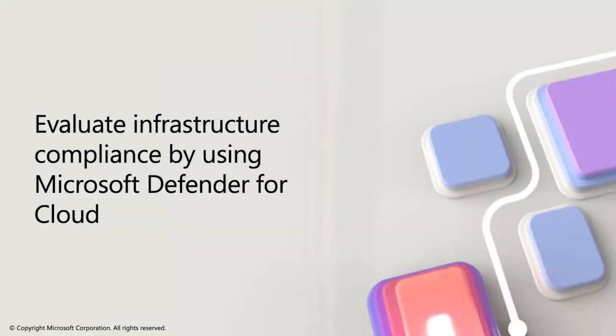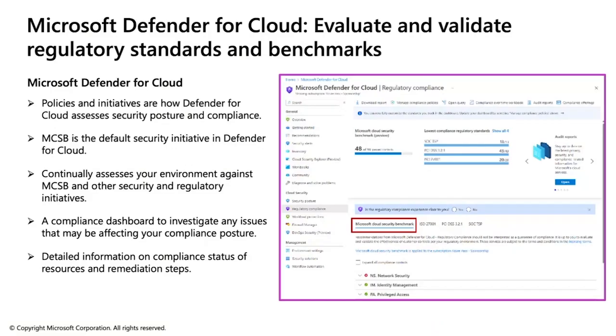Now what next do we have? Next is evaluate infrastructure compliance by using Microsoft Defender for Cloud. What is Microsoft Defender for Cloud? It is a Defender product specifically designed for Microsoft Infrastructure as a Service and Platform as a Service components. So MDC gives you regulatory compliance. In the regulatory compliance section, we have the Microsoft Cloud Security Benchmark, and under the MCSB we have control domains.